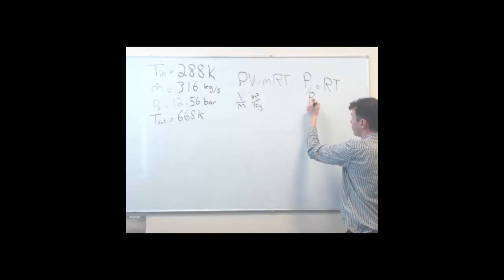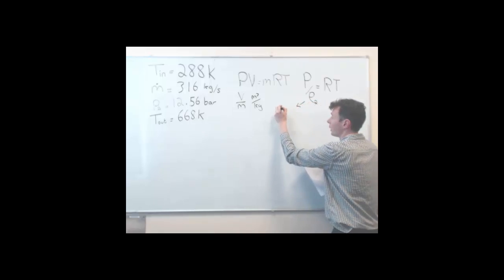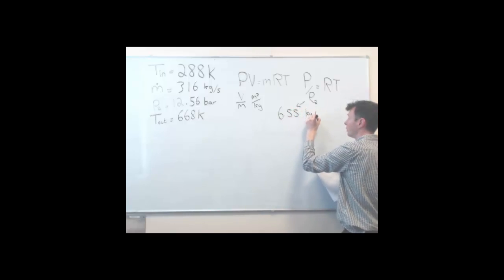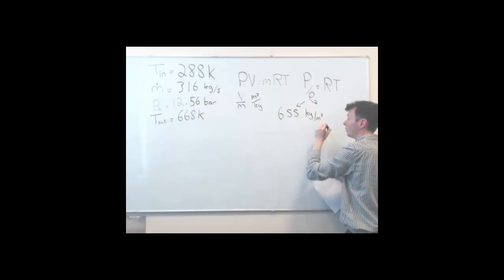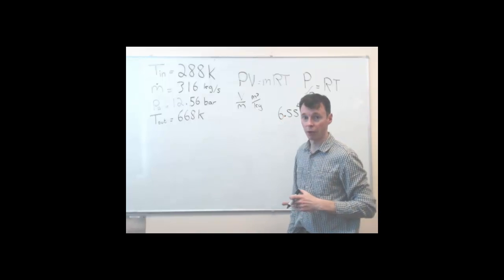So we work out for this value of rho 2, we get 6.55 kilograms per meter cubed, which looks about right.